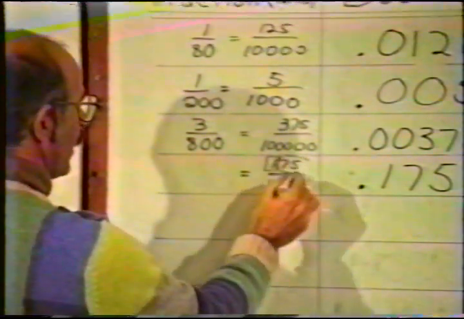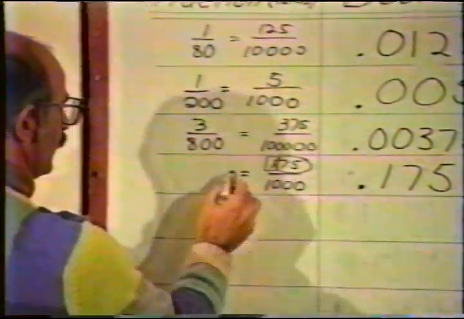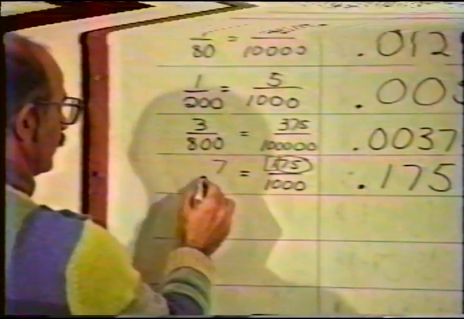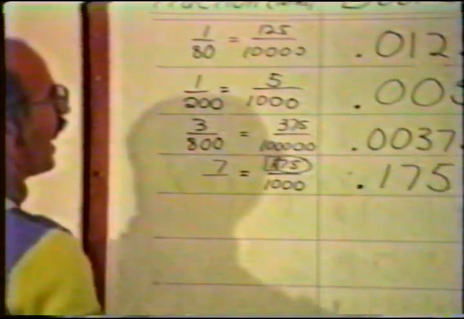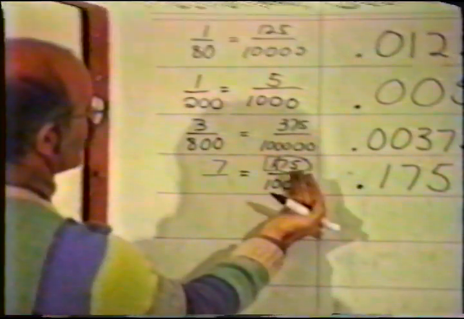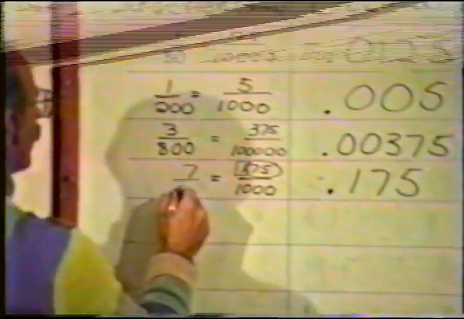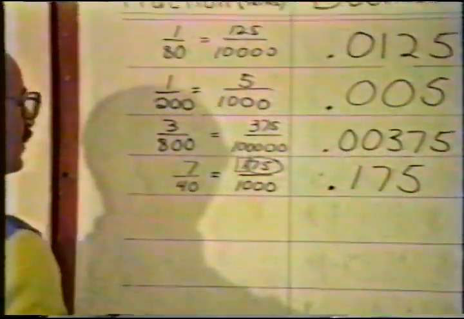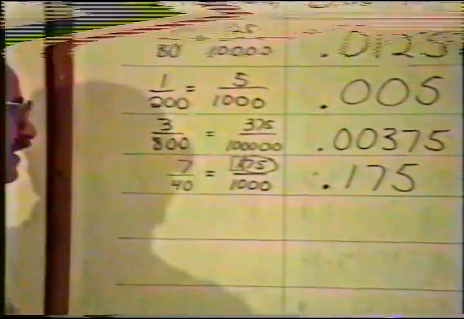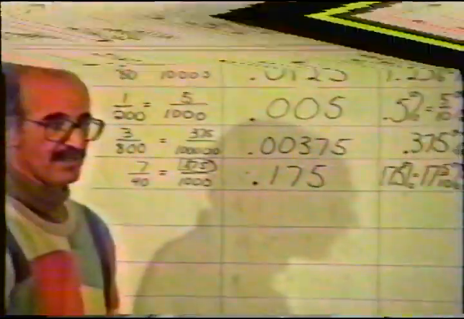And in the 75? 3. Altogether? 7. And how many 25s in 100? 4. 40. 7/40ths.